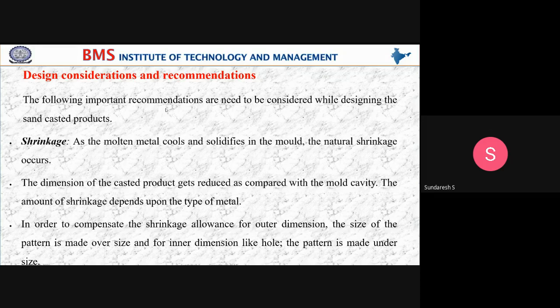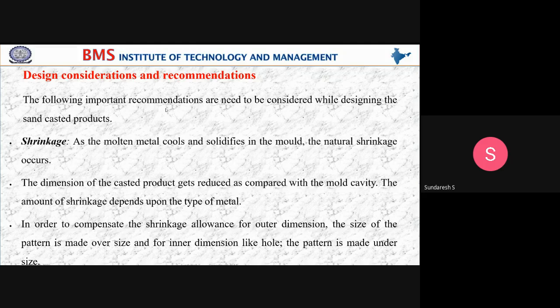In order to compensate for the shrinkage allowance, for outer dimensions the size of the pattern is made oversize, and for inner dimensions like a hole, the pattern is made undersize. This is very important. The size of the mold cavity depends upon the size of the pattern. Once the pattern has been taken out of the mold, almost the same size remains as the mold cavity.